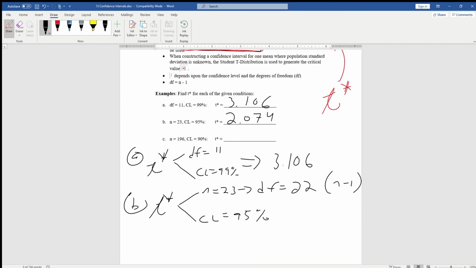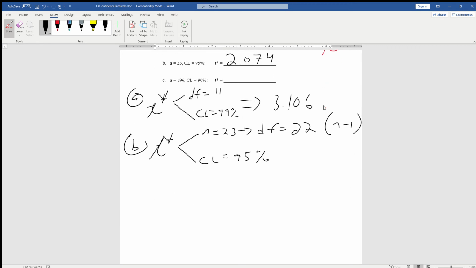For letter C, t-critical is going to be given by degrees of freedom, which is 195, that's n minus 1, and then 90% is the confidence level. Now, you go to 90%, which is the second column from the left, and you're going to try to find 195.